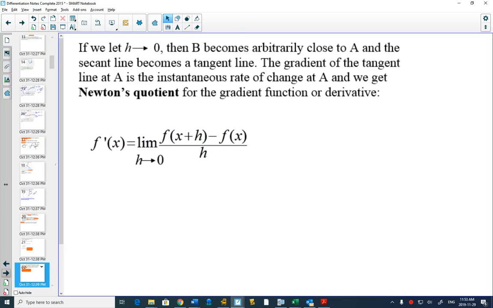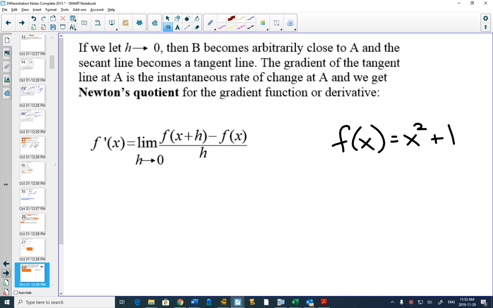So in our equation from before, f of x equals x squared plus 1, I would have to plug all of the information in here and evaluate the limit to figure it out. The problem with the limit right now is you're dividing by 0. So you're going to have to do some algebra to make that dividing by 0 go away. And then you can evaluate any limit from there.